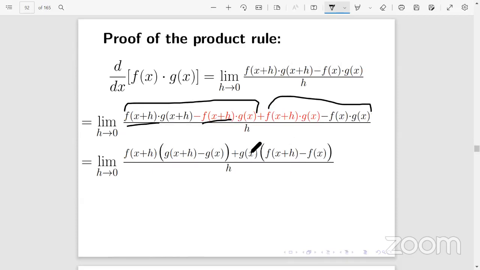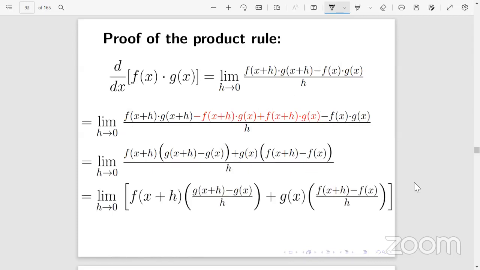So we can factor out g of x and be left with f of x plus h minus f of x. Remember, this is all over h. So we can separate this and write it as two fractions, each with its own denominator. So basically this is what we have.